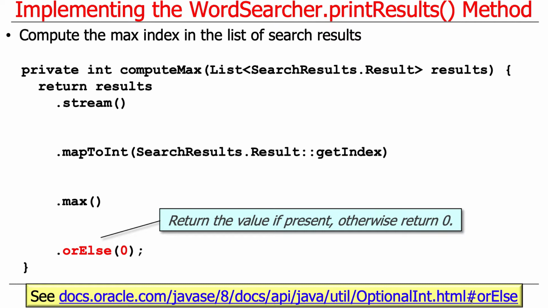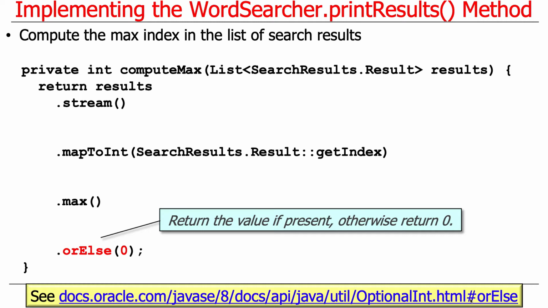And if for some reason this was an empty stream, which it's not, but if it were, then we'll give it a default value of 0. So that's how you work with optionals. So you don't have to check for nulls. The whole point of using optionals is to never have to deal with null pointers again. And null pointers have a long and somewhat storied history in computing because null pointer exceptions are very common.